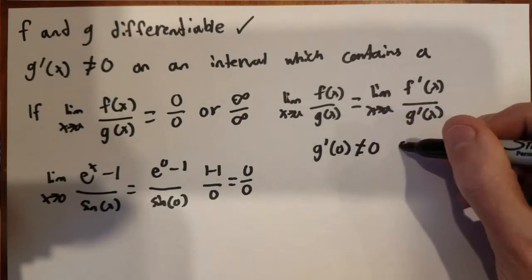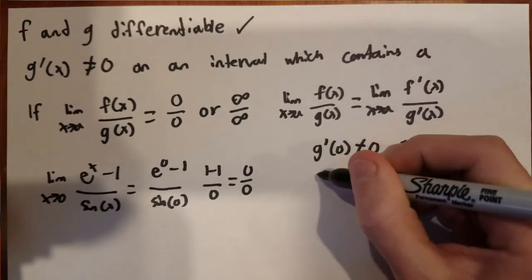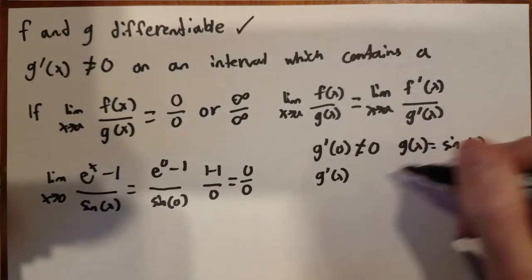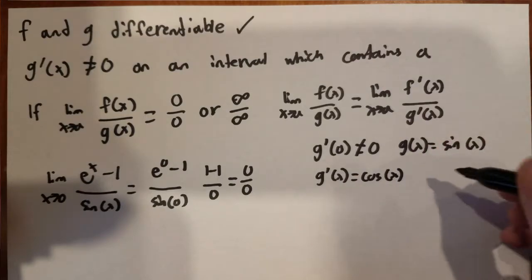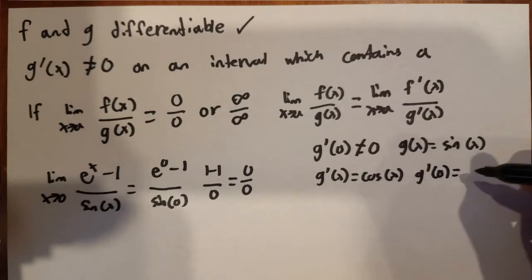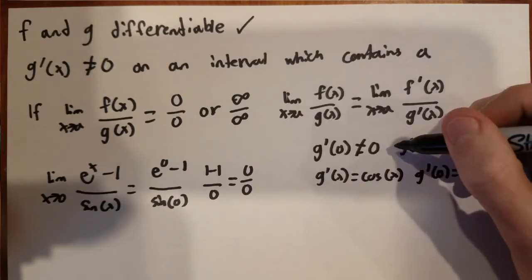Okay, well g of x is just sine x, so g prime of x is just going to be cosine x. And then if we plug in 0, g prime of 0 equals cosine of 0, which equals 1. So g prime of 0 is not equal to 0.